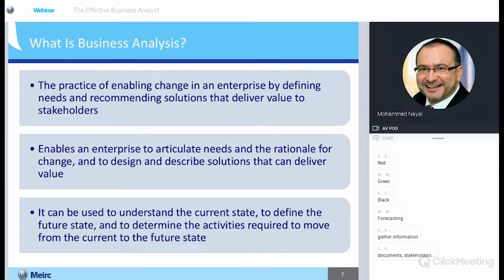And then you design and describe those solutions that can deliver actual value. But it also can be used to understand the current state, to define the future state, and to determine activities that are needed to move from current to the future state. Because it's all about change right now.